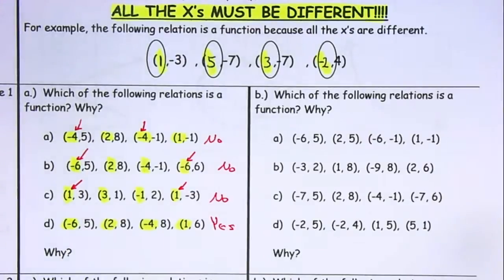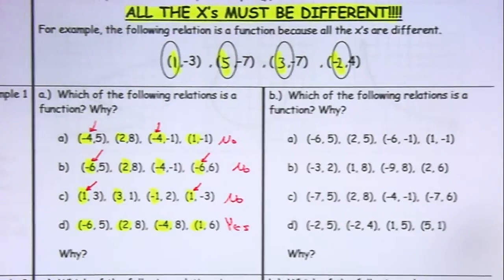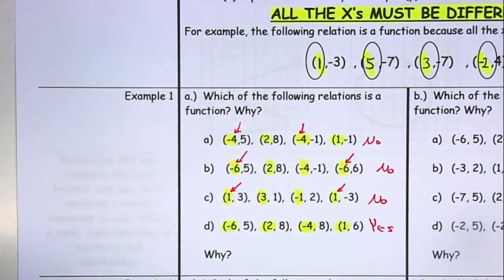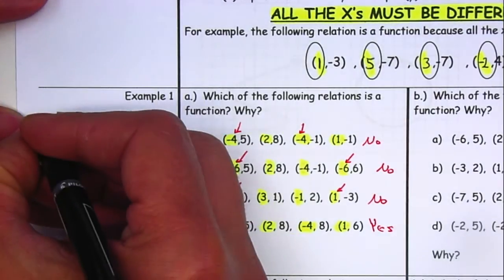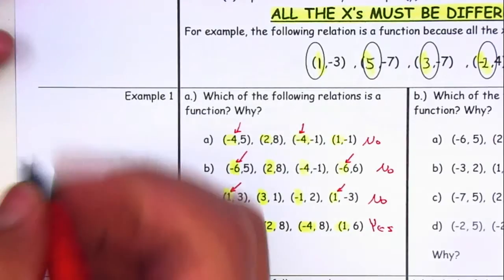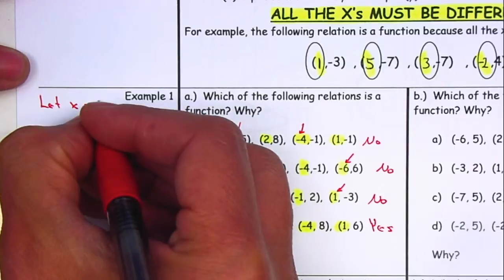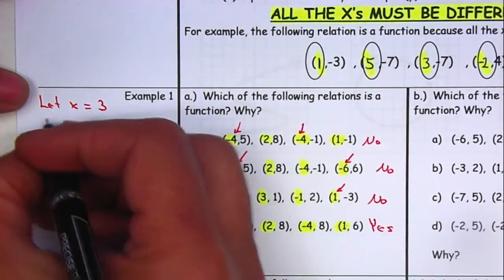In order for it to be a function, two points cannot share the same x value. And let me explain why. Let's go over to the left. Let's assume that I asked Johnny to simplify if I let x is equal to 3. And he's going to plug it in here.